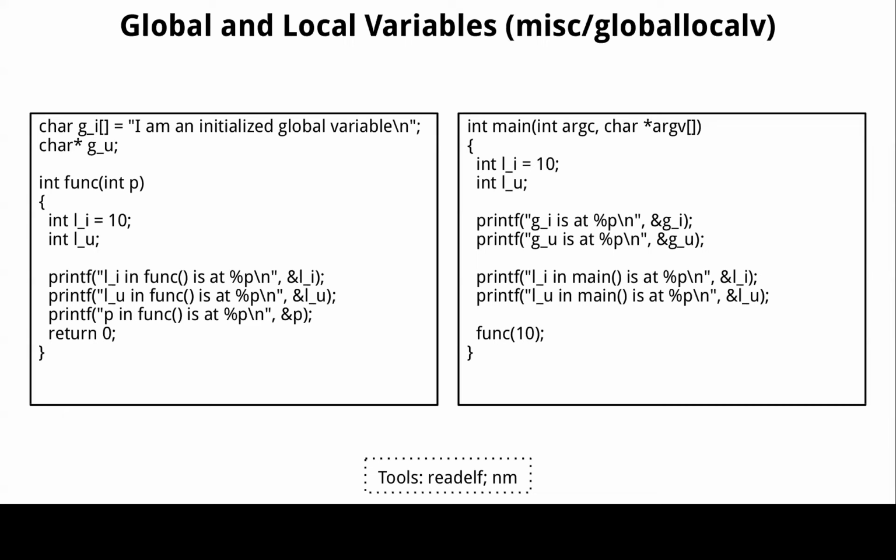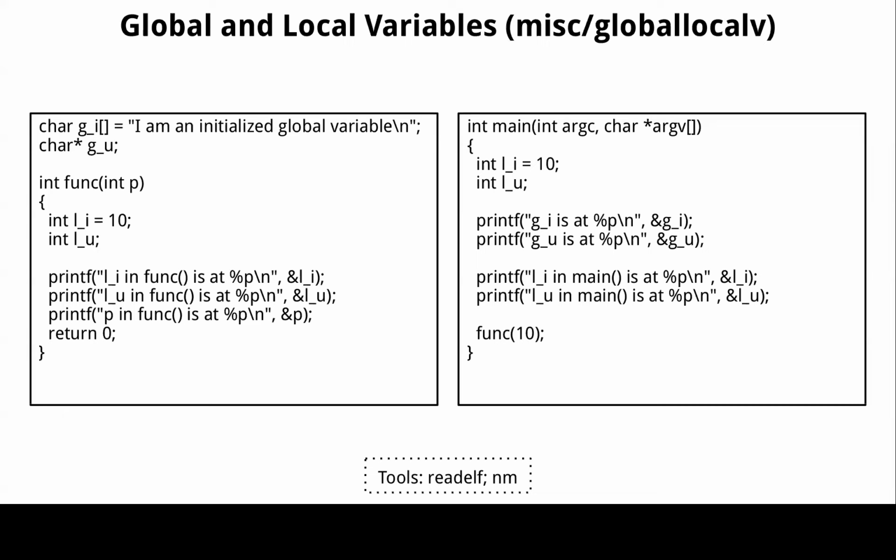This one goes to the read-only section. Then we have another global variable, which is a pointer to a string or character, and this global variable is not initialized. But in C, any global variable that is not initialized, C will initialize to 0. So this one will actually be 0 when you run this program.